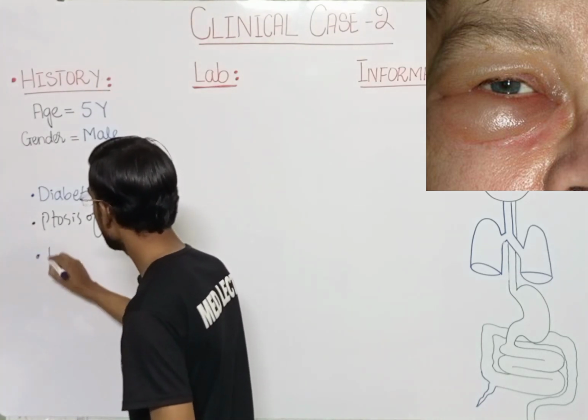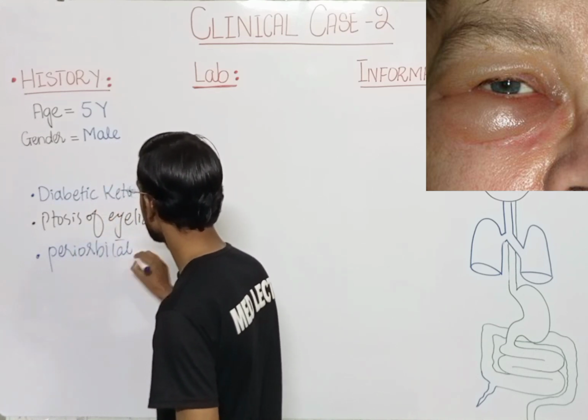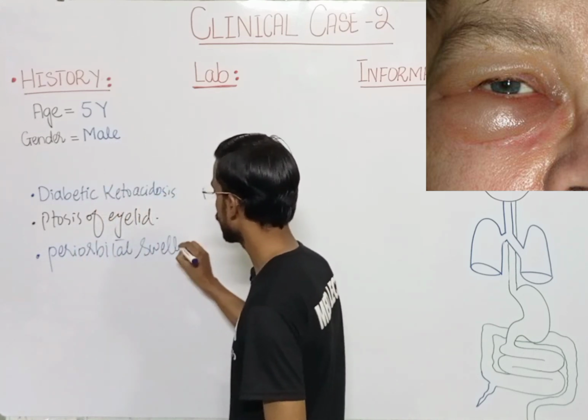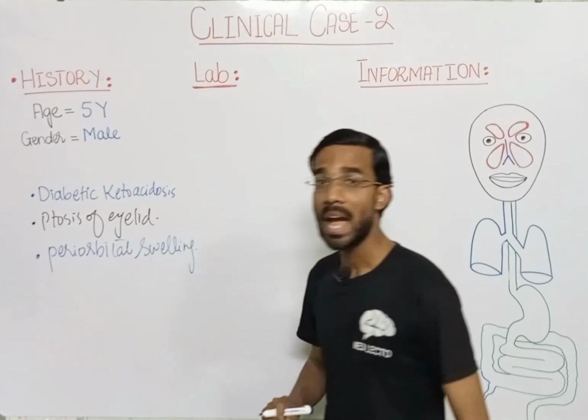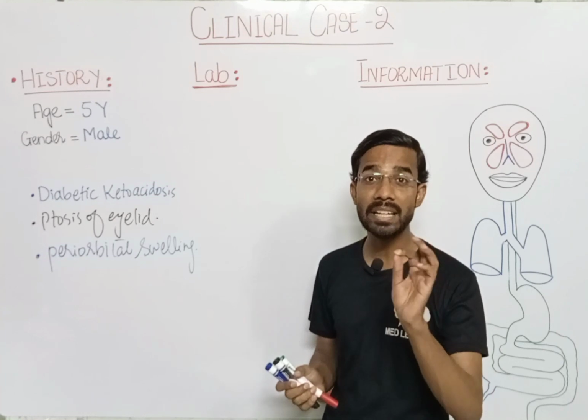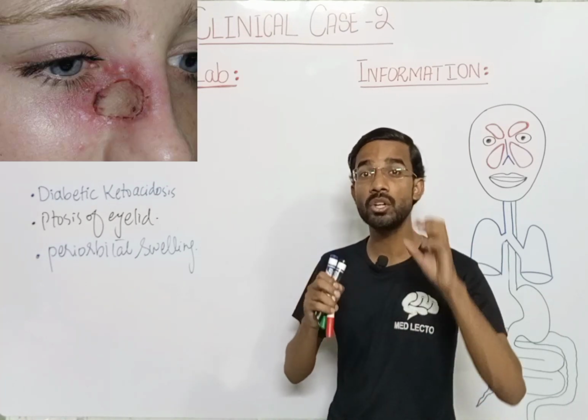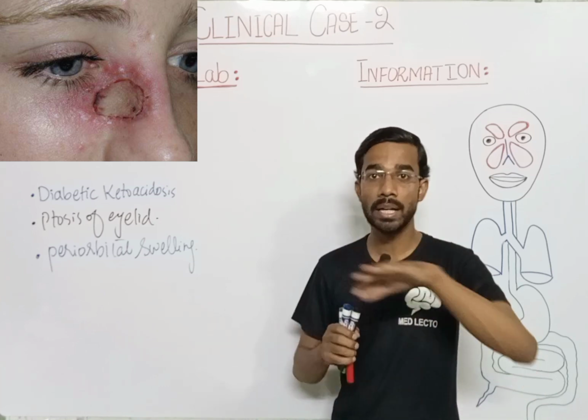So this is the third thing, periorbital swelling. And I also found a necrotic skin lesion, which means you see a lot of necrosis under the eye.